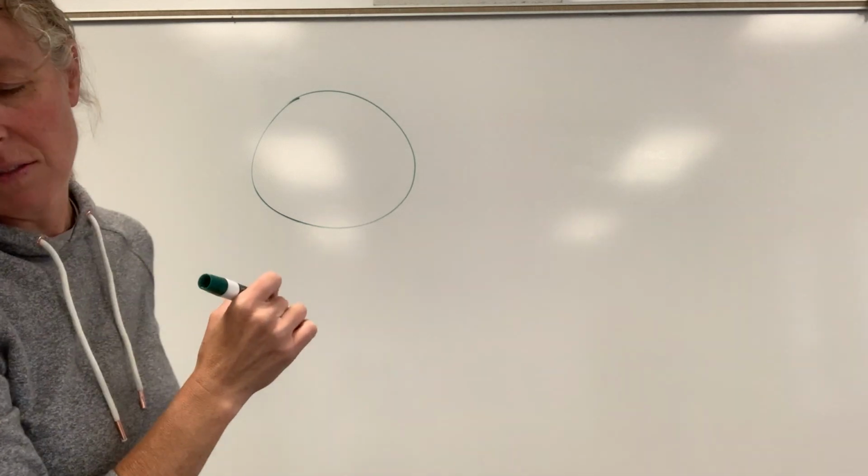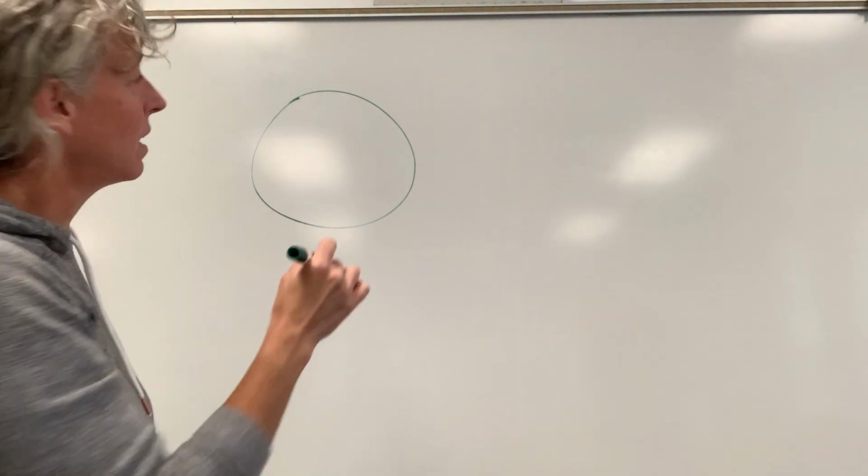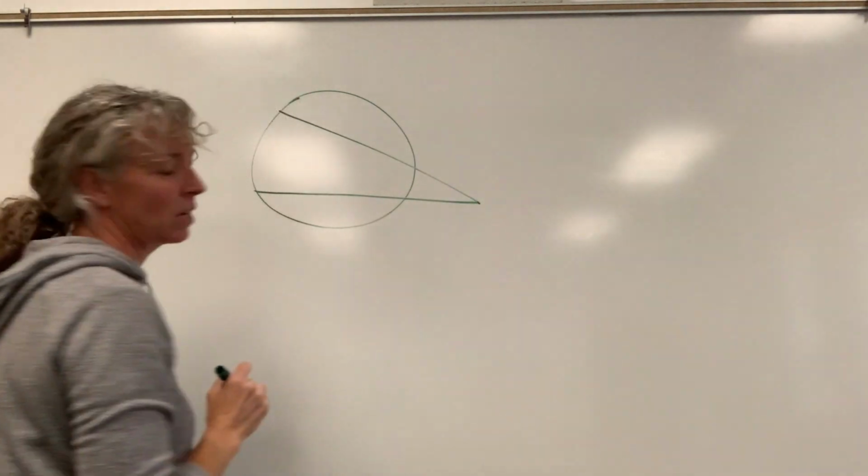Here, theorem 12.6.2, two secants in a circle like this is what we're talking about.